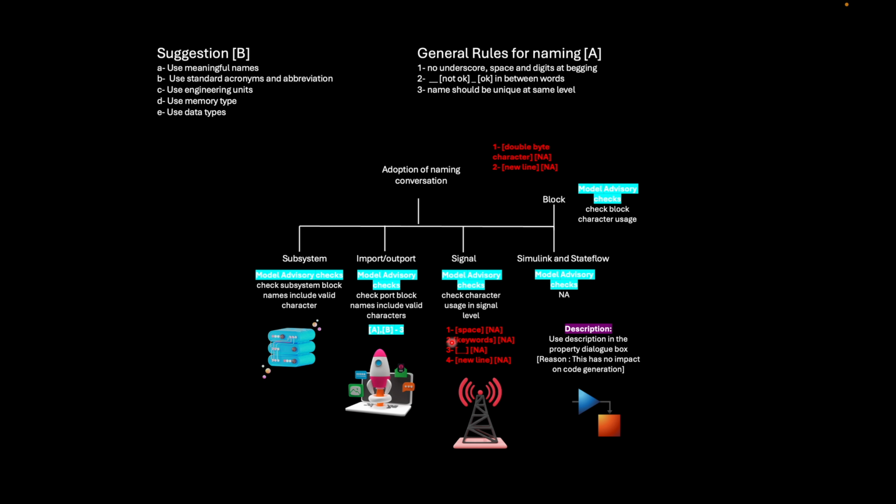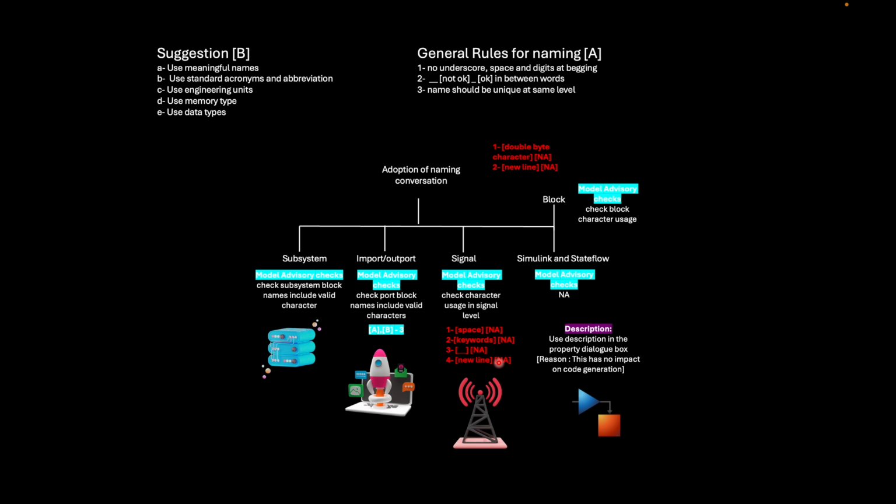And yeah, there are some additional rules for the signals. For signals, no space is allowed. If you have two words for a name, do not include any space. Do not include any keyword for the signal, and do not use NaN or not a number, or double underscore in the signal names, and do not use the new line character.